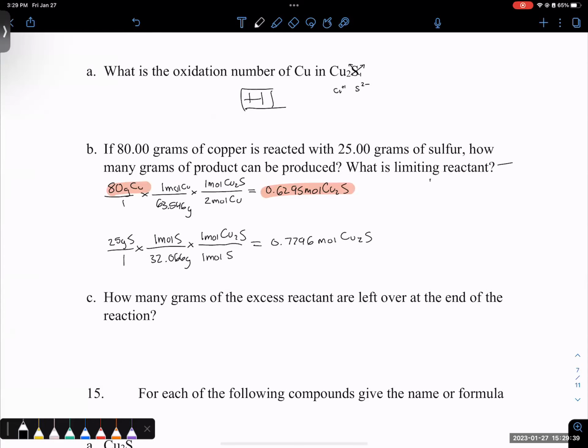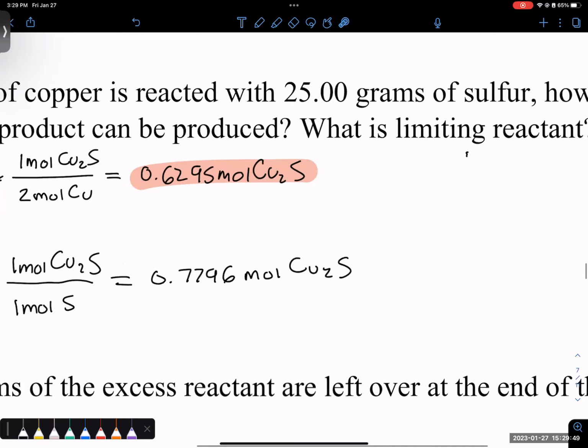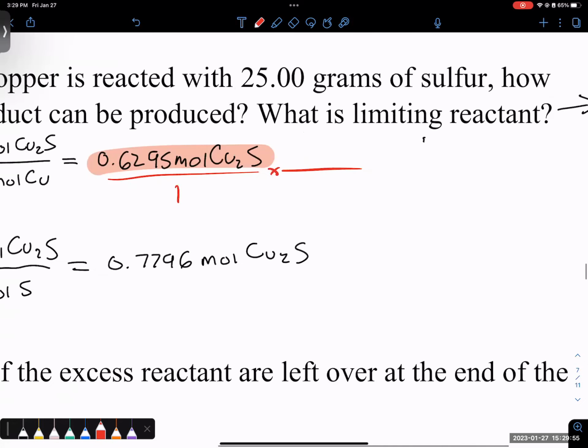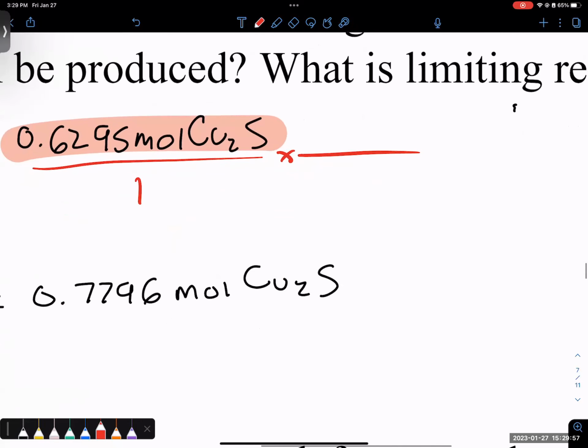And it's also asking, I told y'all earlier it's not asking how much is produced, but it actually is. I didn't read the question. So it says how many grams of product can be produced. So let's go one step further on this one. So we're going to take this, and we use what to get to grams? So 159.092 grams per 1 mole Cu2S.